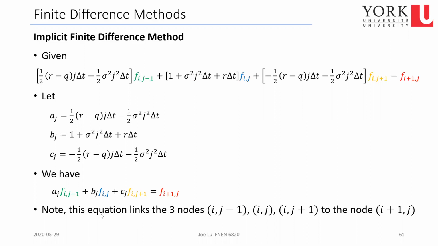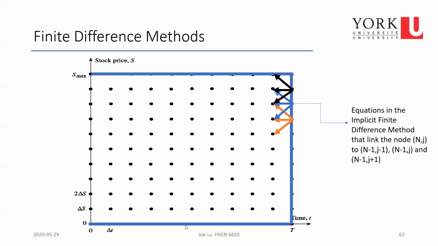So basically this equation links 3 nodes to 1 node. What are the 3 nodes? Those 3 nodes are i j minus 1, i j, and i j plus 1. They're all at the i point: j plus 1, j, and j minus 1. They are related to the one with i plus 1, which is one step later, but at the j point. So you're linking those 3 points with this point.